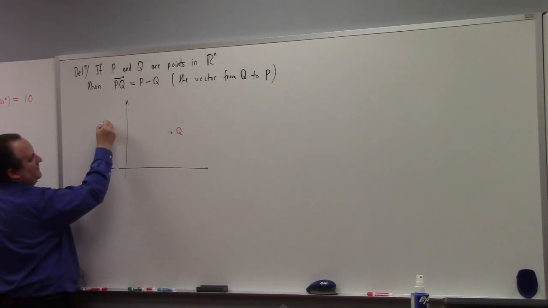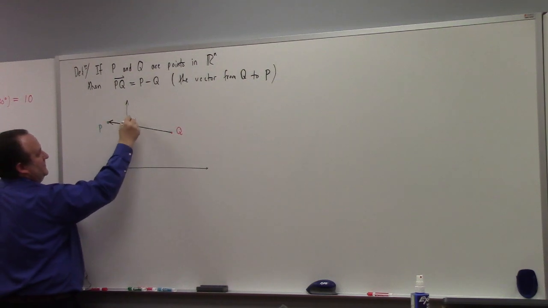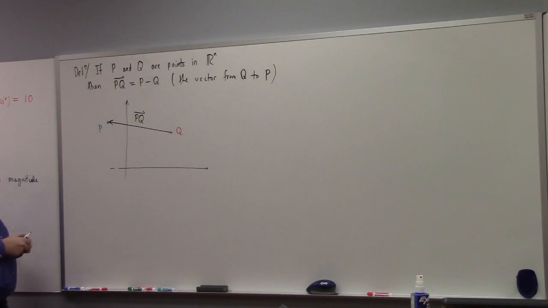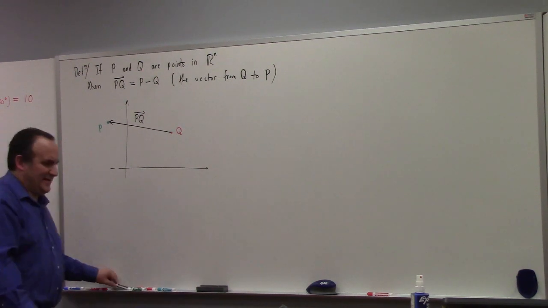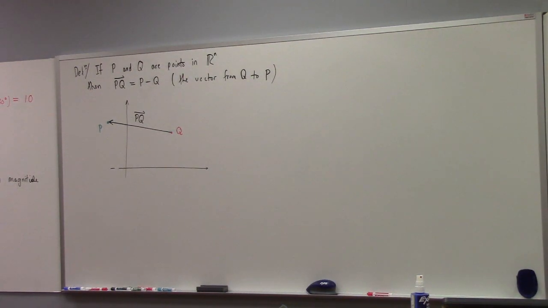But this right here is that vector, PQ. Endpoint P, so it goes from, oh man, now I'm doubting myself. Goodness gracious. One moment.